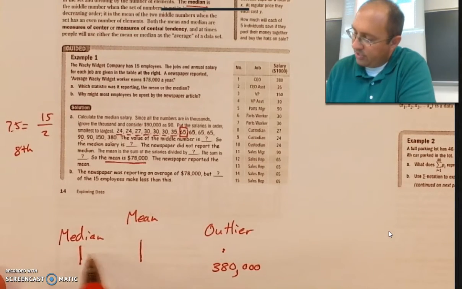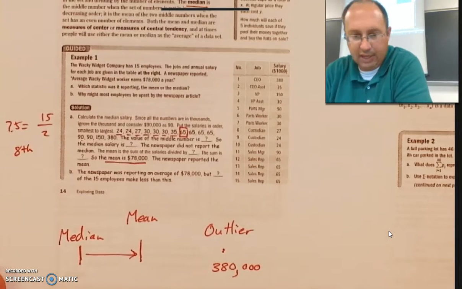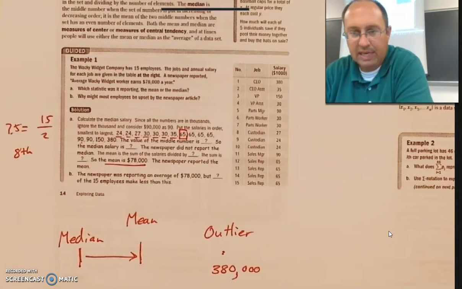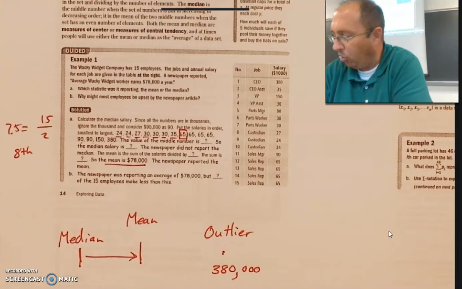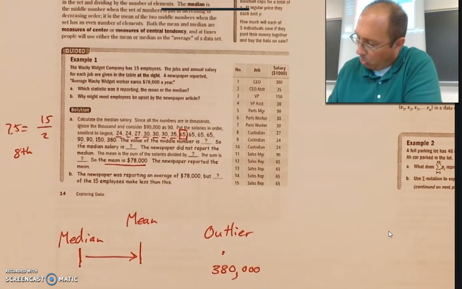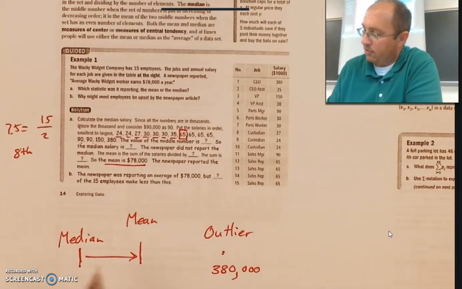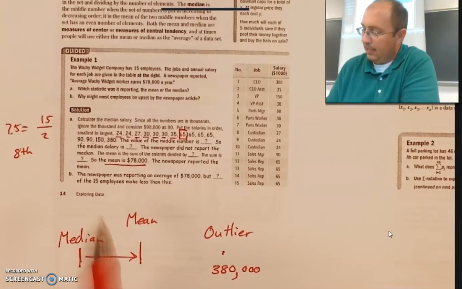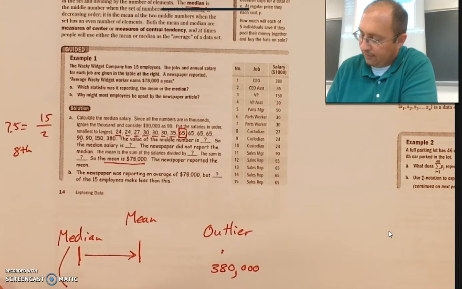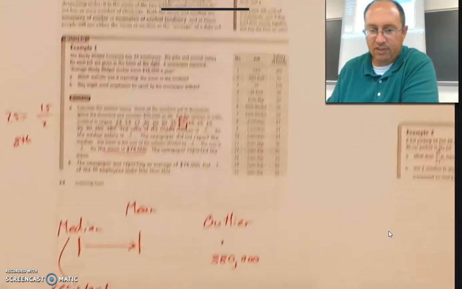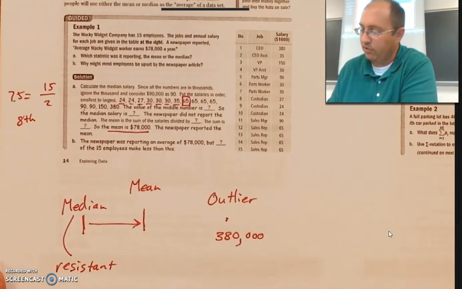And what that did was it pushed the mean up away from the median. So it's pulling it, and that pulling feature happens to the mean. So the median is said to be resistant, whereas the mean is not resistant.